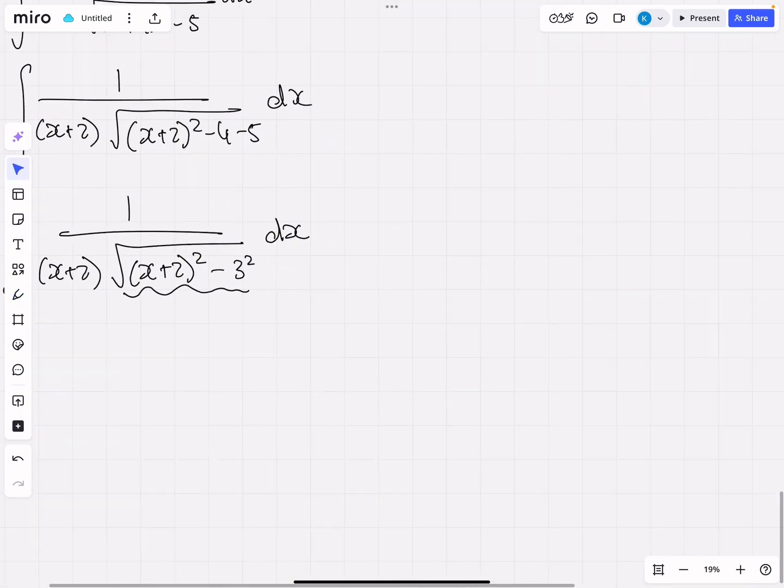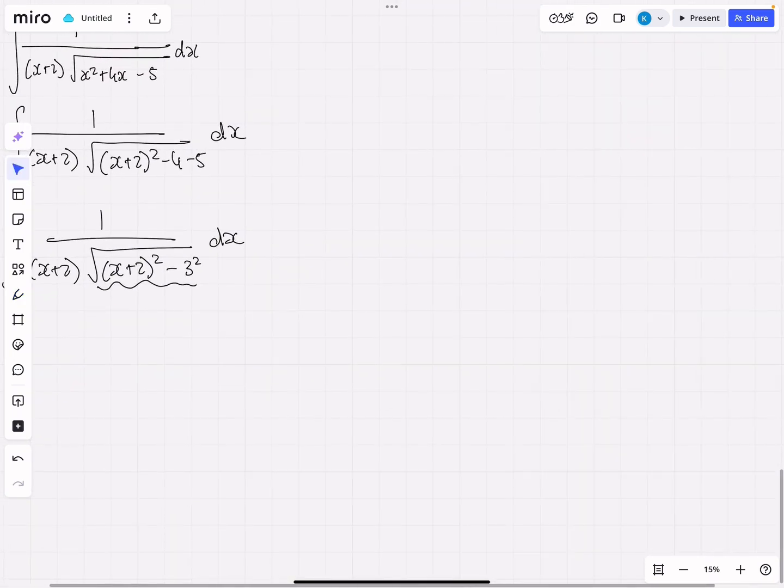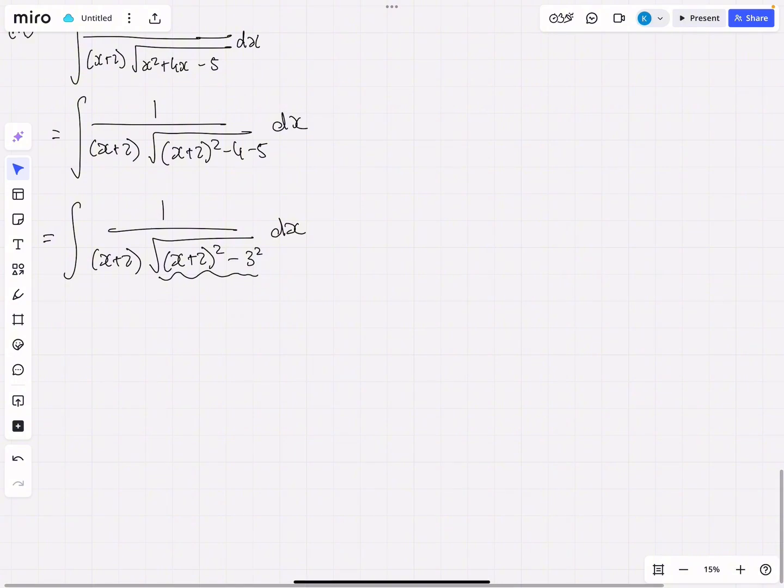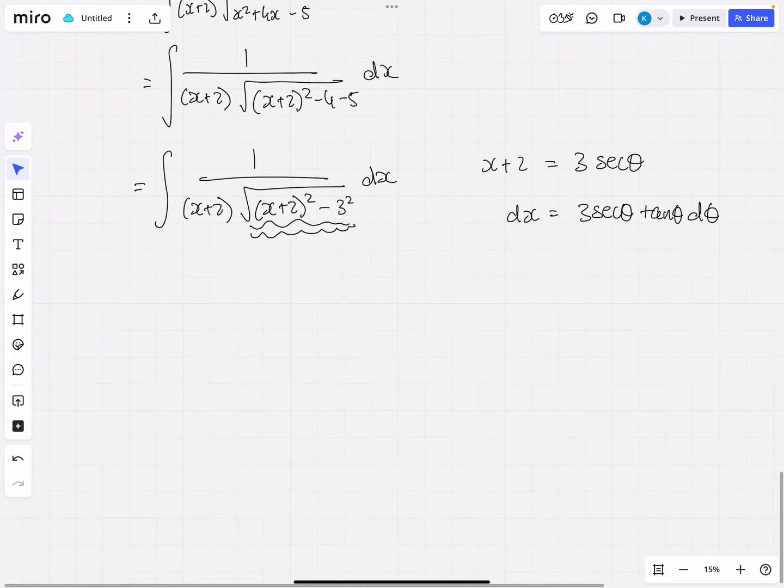Interesting. So that means that if we make the substitution that x plus 2 is equal to 3 sec theta, to then get dx is equal to 3 sec theta tan theta d theta, we will be able to manipulate this inside here to factor out a 3 squared. And then we can square root that and manipulate the integral to a simpler form.